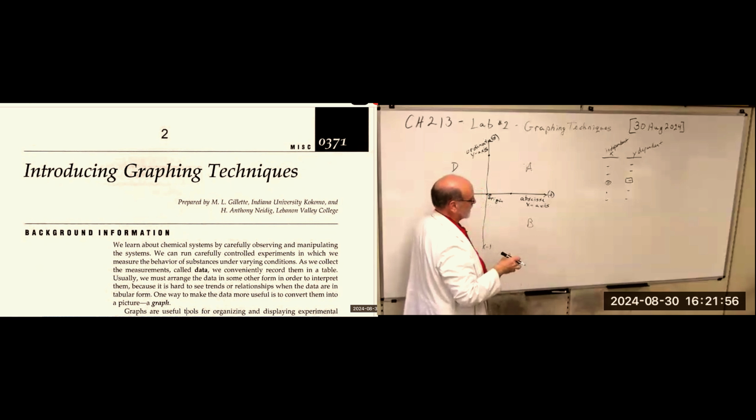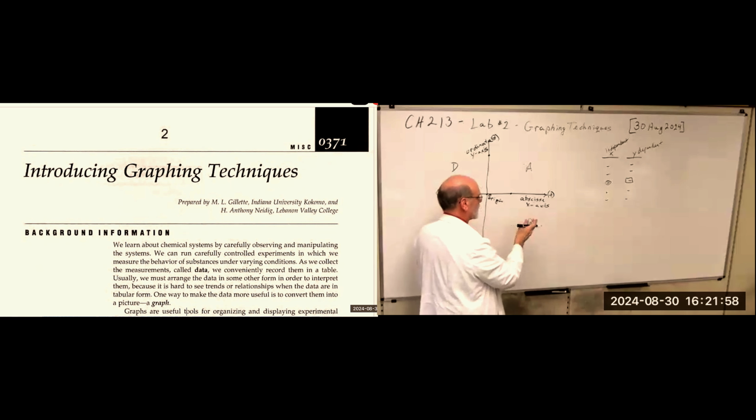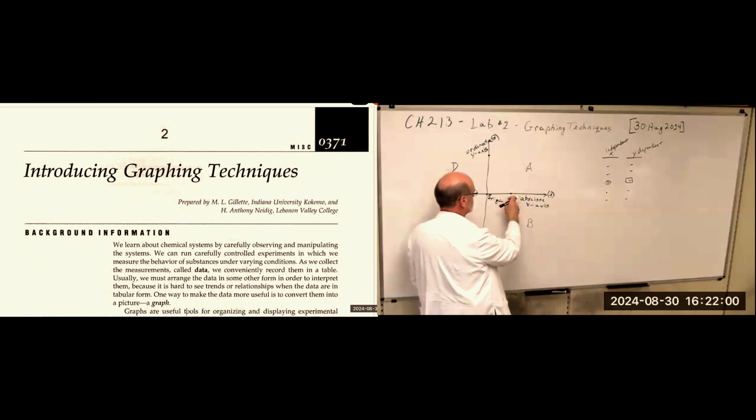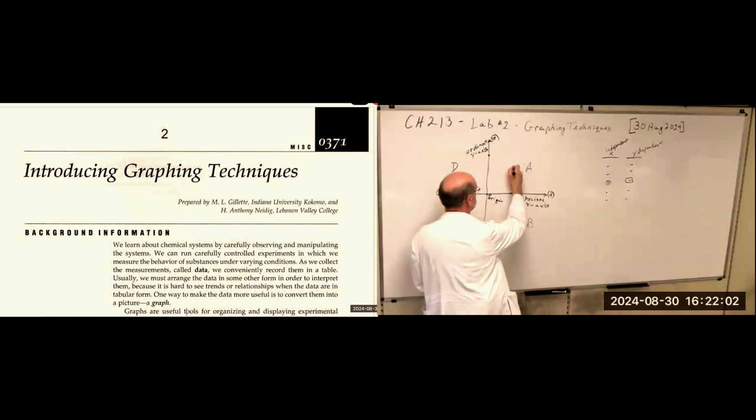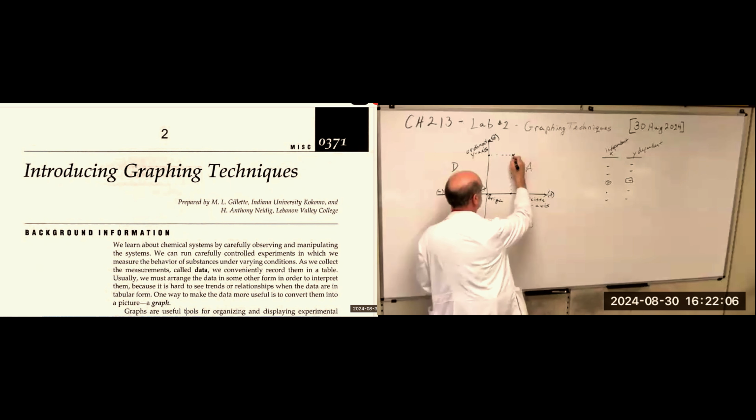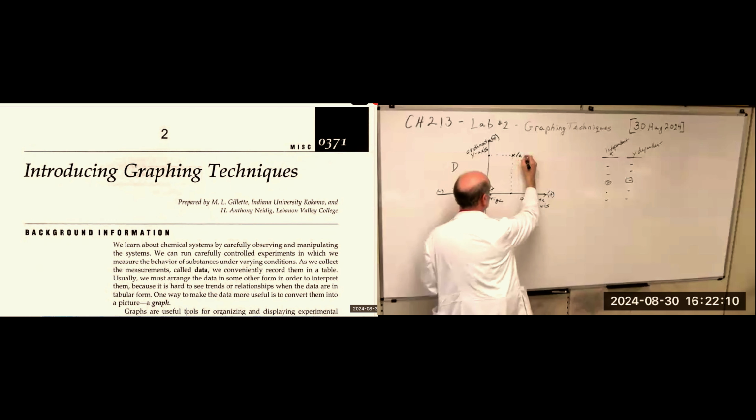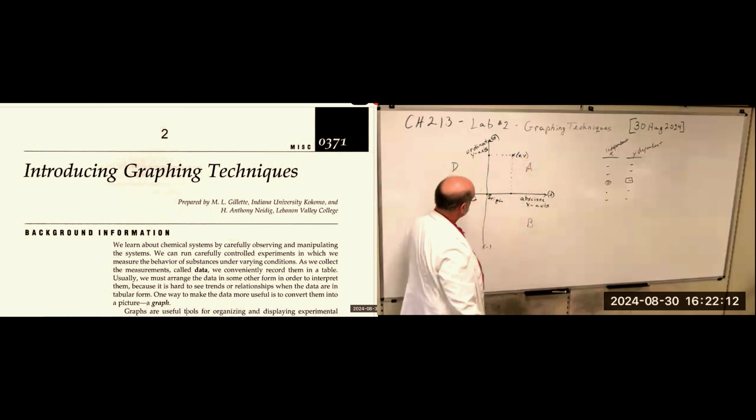So the data point that we're referencing here is a combination of the x and y values, which can be plotted in this space, in this quadrant, right there. And this would be the x and the y value, right there.